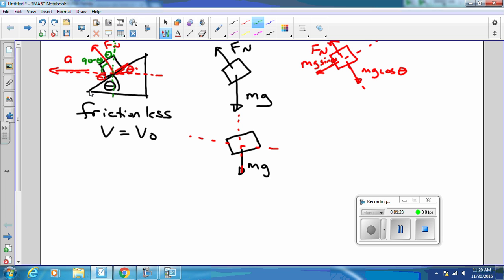So, this gives us the material that we need for our components. Fn this way is adjacent, therefore it is which component? The adjacent component is the cosine component.